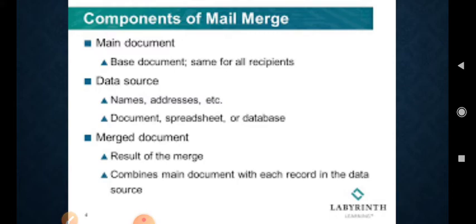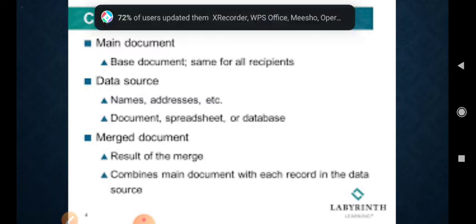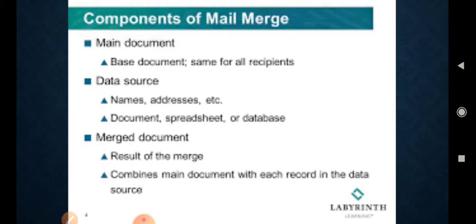Now, what is the meaning of main document? It is a basic letter which has fields from the data source as well as the common information that has to be sent to every recipient. One common notice, like take an example that if you want to send your birthday invitation to your friends, at that time your matter will be the same, but only the names of your friends and their addresses will be different.